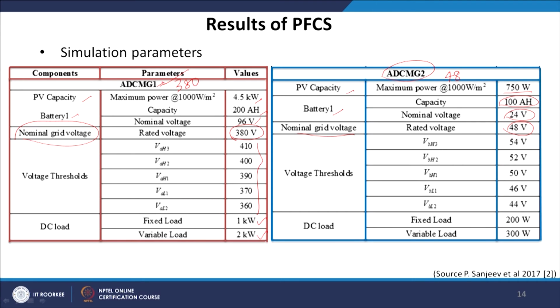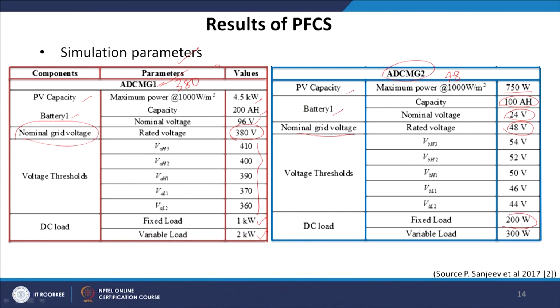So, we have one autonomous DC microgrid 1 operated at 380 volts and autonomous DC microgrid 2 operated at 48 volts, and the DC loads are 200 watt fixed and 300 watt variable. So, indirectly we have a larger system operating at a large voltage rating, that is 380 volts, and a very small DC microgrid operating at a low voltage of 48 volts. So, now we want to interconnect these two.